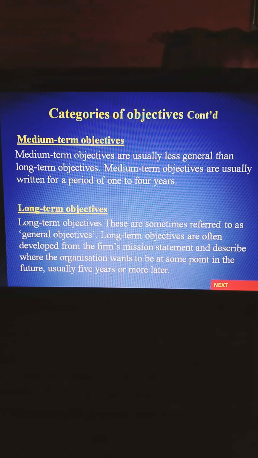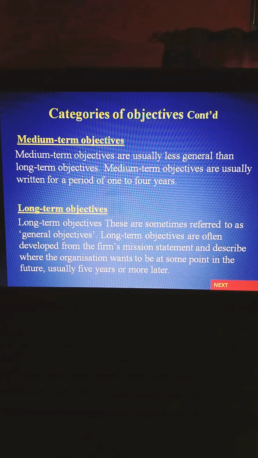So medium-term objectives are usually less general than long-term objectives. Medium-term objectives are usually for a period of 1 to 4 years. Okay? So within that 1 to 4 years, you must achieve this target, this goal, whatever it is that you want to achieve, because it's medium, you must achieve it.